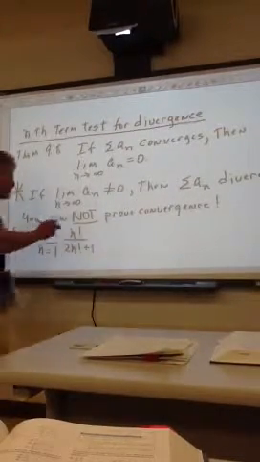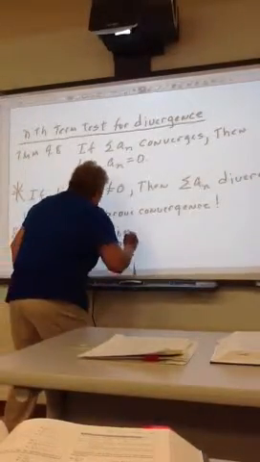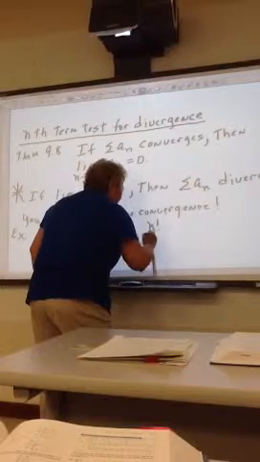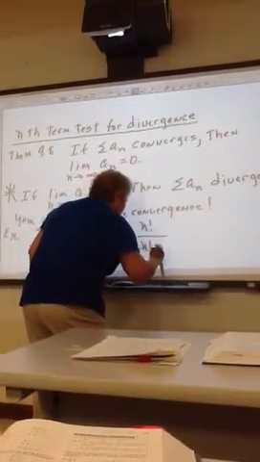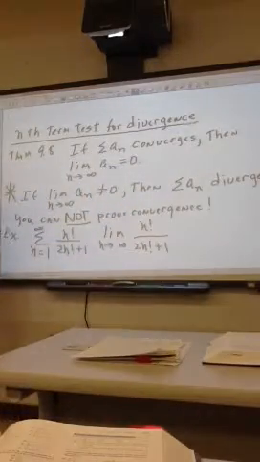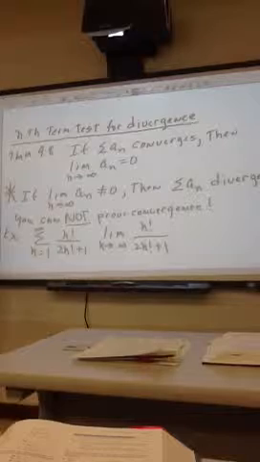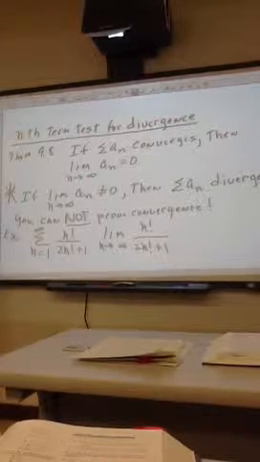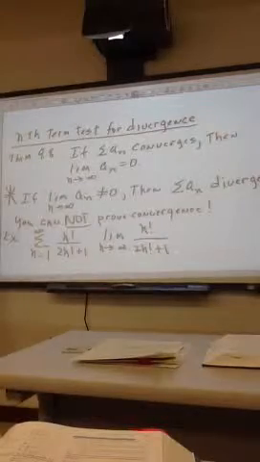But what we can do is take a look at the limit as n approaches infinity and do old Calc 1 to it. Divide by the highest, actually it's not a power, it's a factor. We'll divide everything through by n factorial.